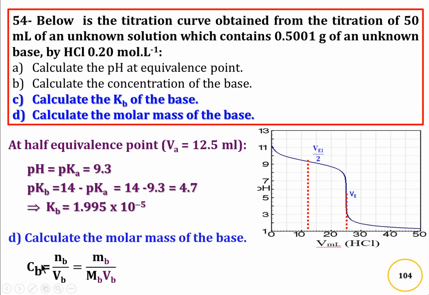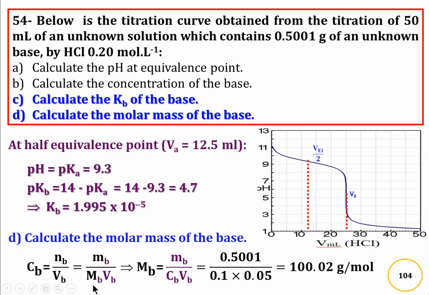Calculate the molar mass of the base. We calculated the concentration of the base in the previous parts, and the concentration of the base is equal to the number of moles of base divided by the volume of the solution, equal to mb, the mass of the base, divided by the molar mass of the base times the volume of the solution.